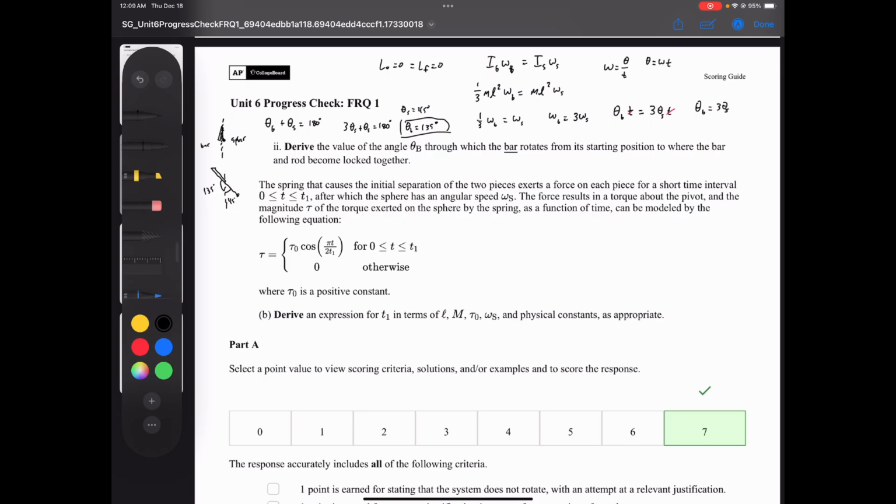So the torque is equal to the initial torque tau naught times the cosine of pi t over 2 t1, and t1 is basically a short time interval, once the spring gets released.